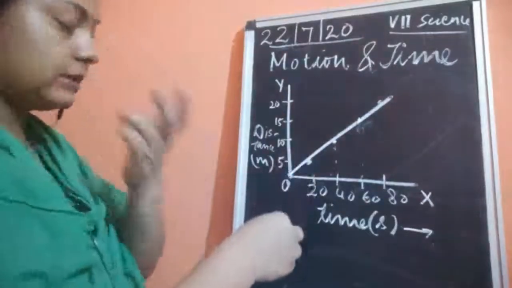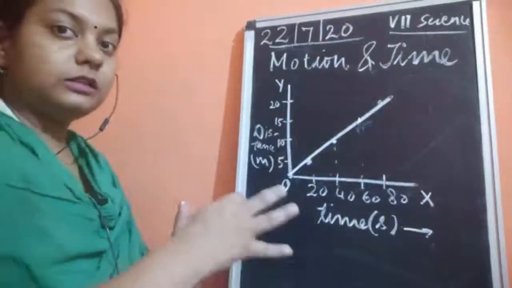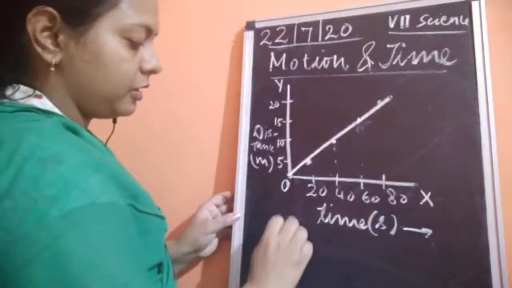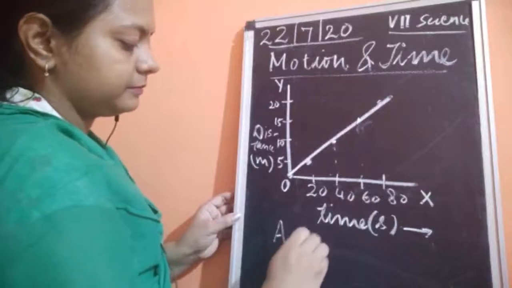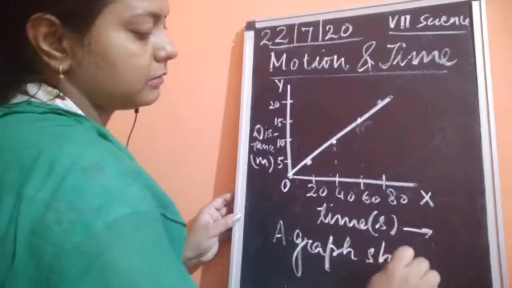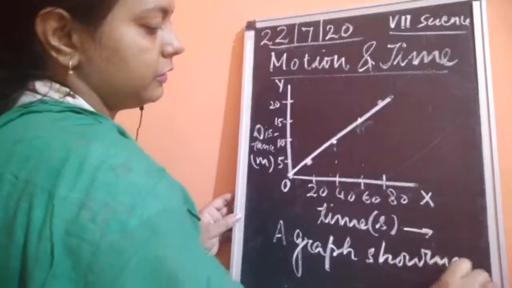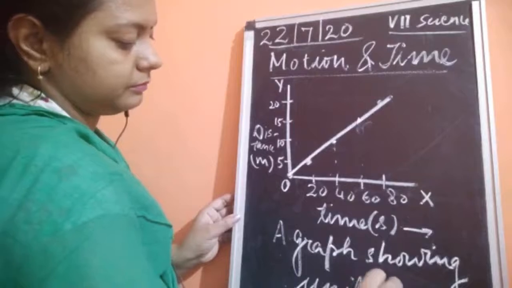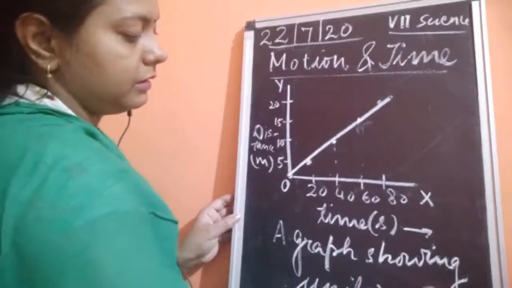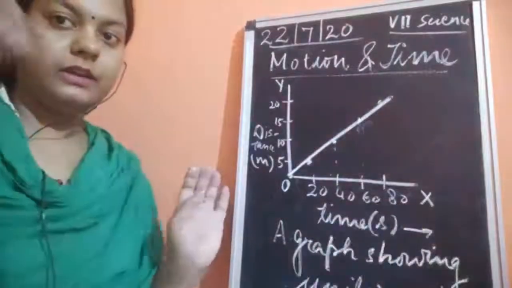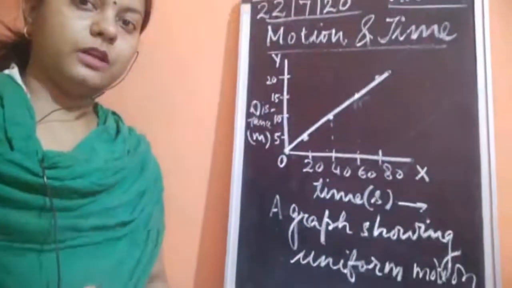So this is a graph showing the uniform motion. This is a graph which is showing you the uniform motion.